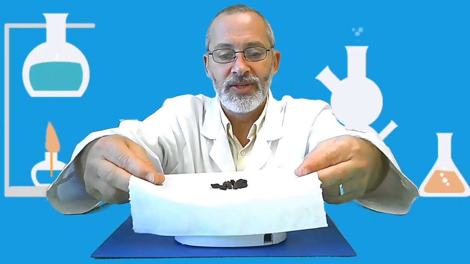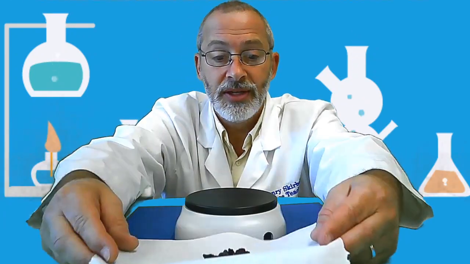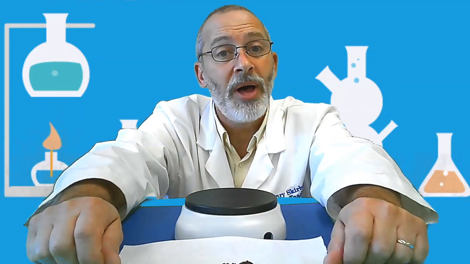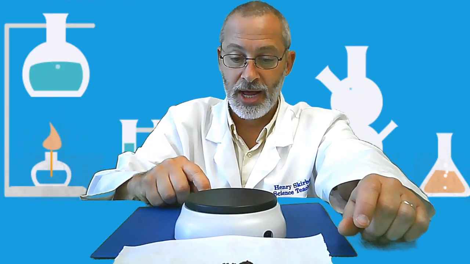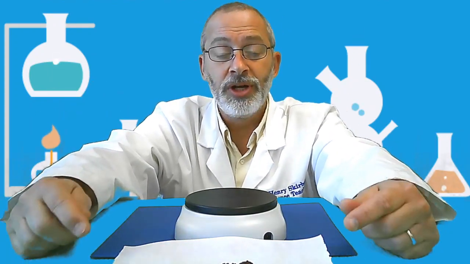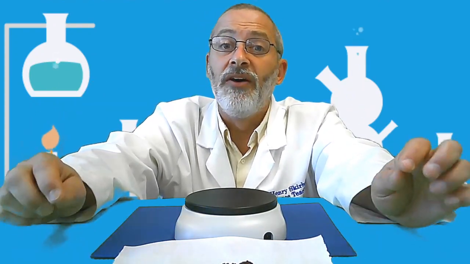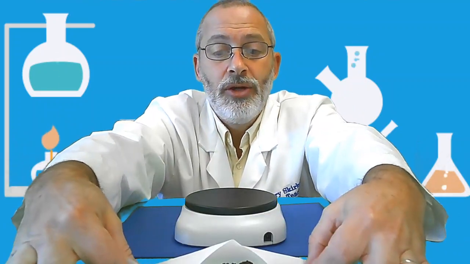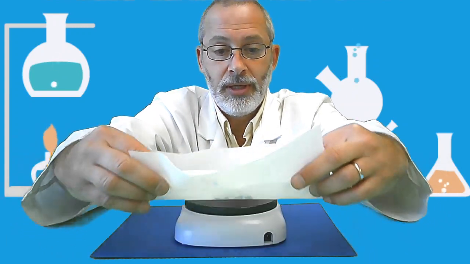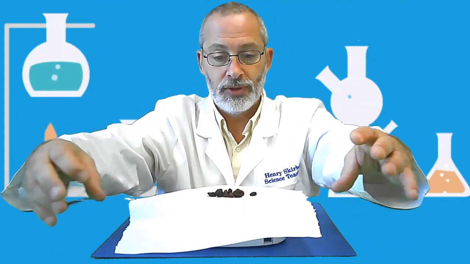So what I've done is I've removed, I think you can see this, 10 dried raisins from the box. I'm going to turn on our digital balance, wait for the zeros, and then we're going to determine the mass of 10 dried raisins, and we'll record that information in our books.